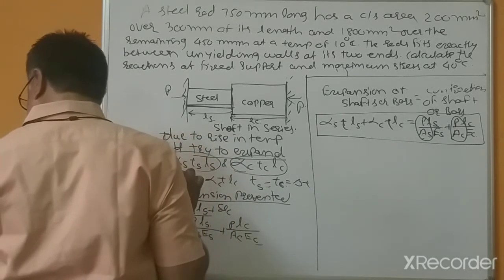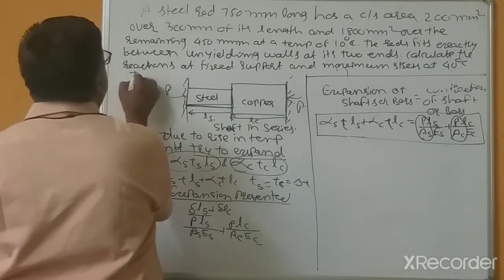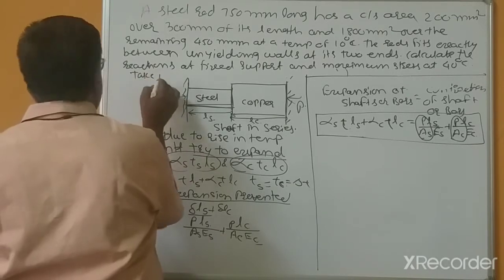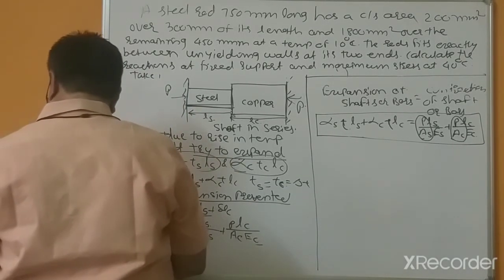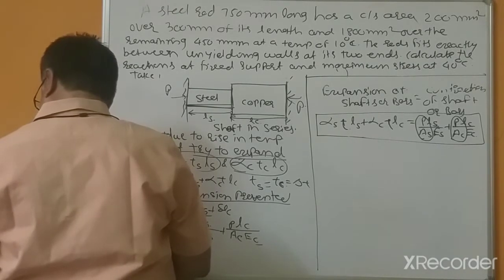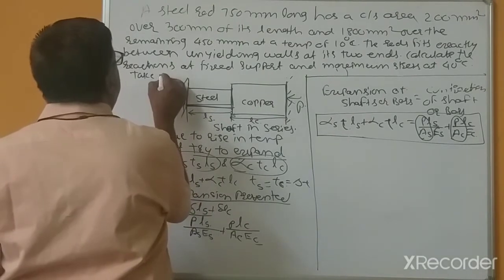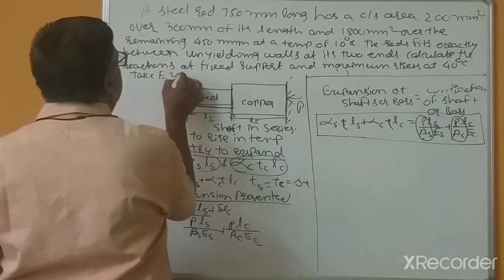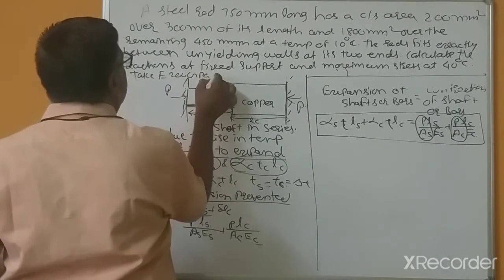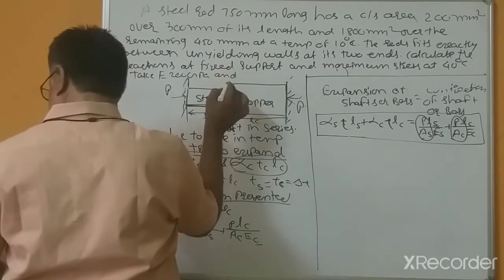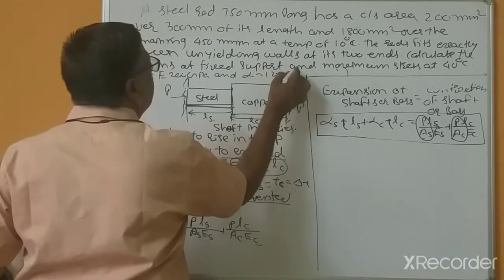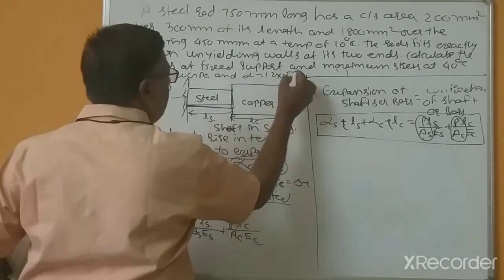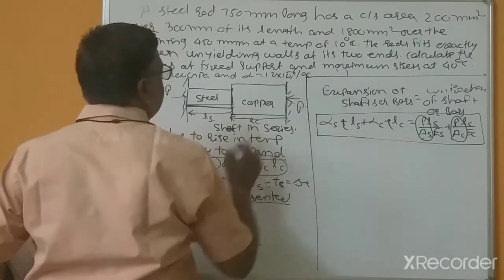Take E equal to 200 gigapascal and alpha equal to 12 into 10 to the power minus 6 per degree centigrade.